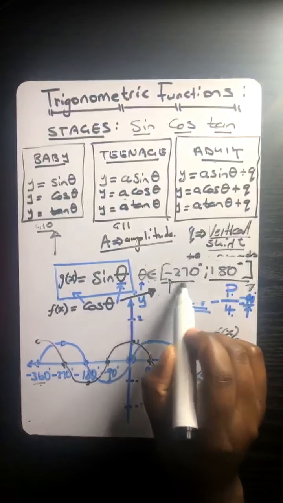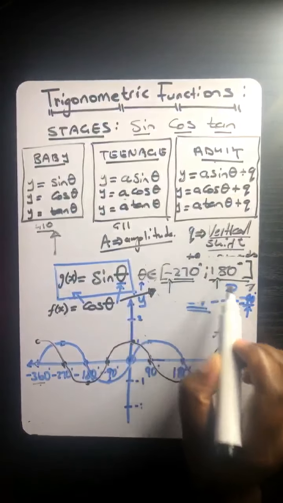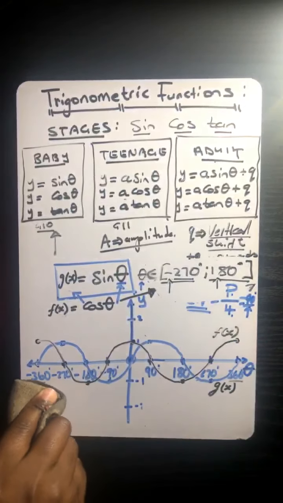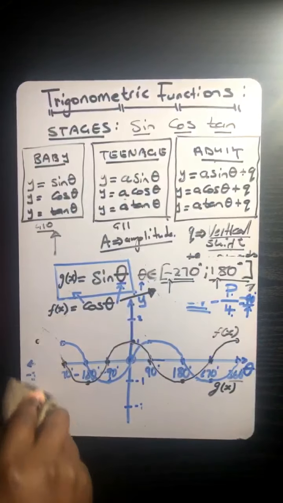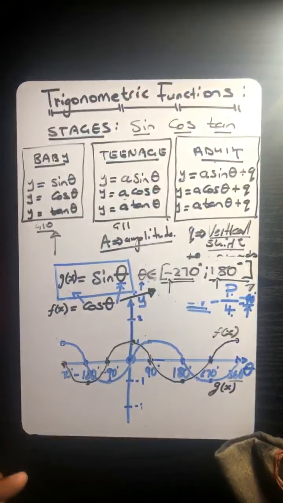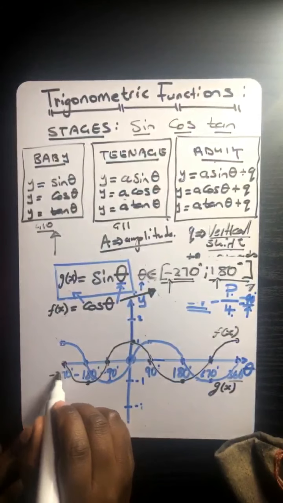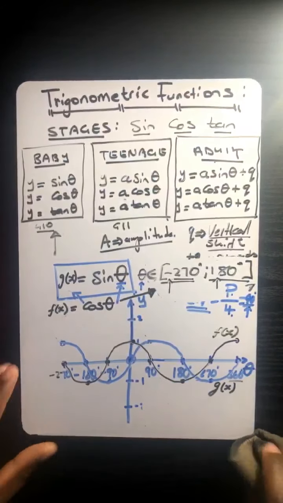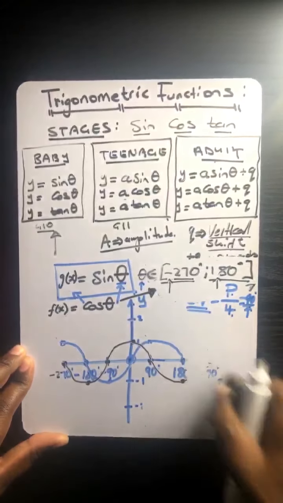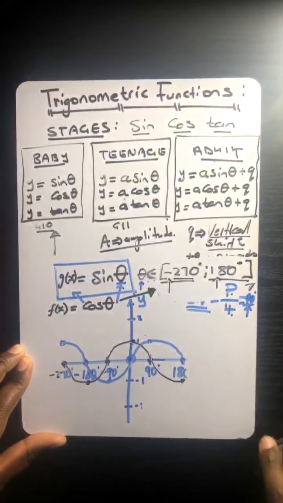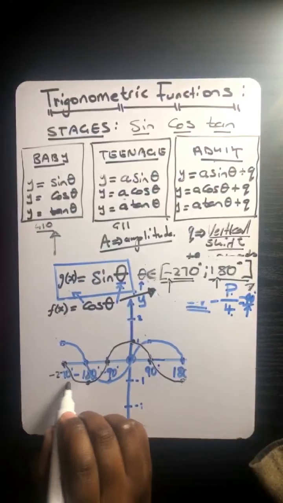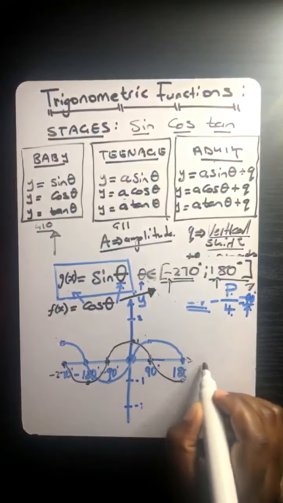This is negative 270, this is positive 180. They don't want to see this part, so be very, very careful of that. When you sketch it, it just starts from there and ends there.